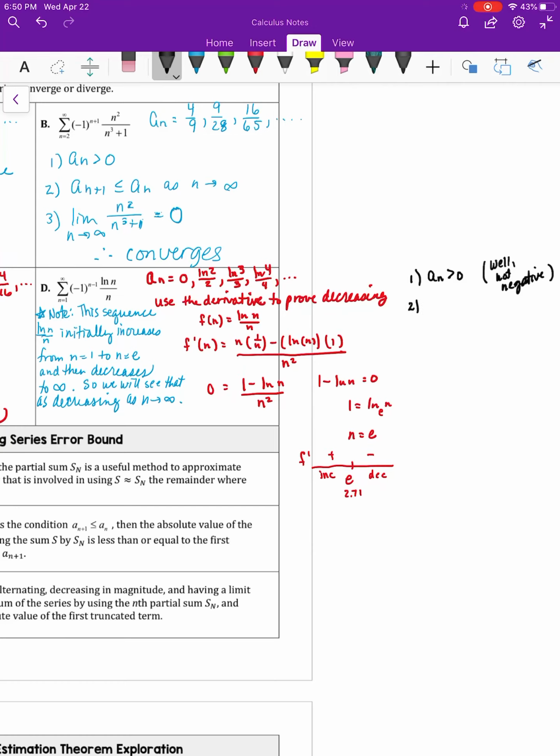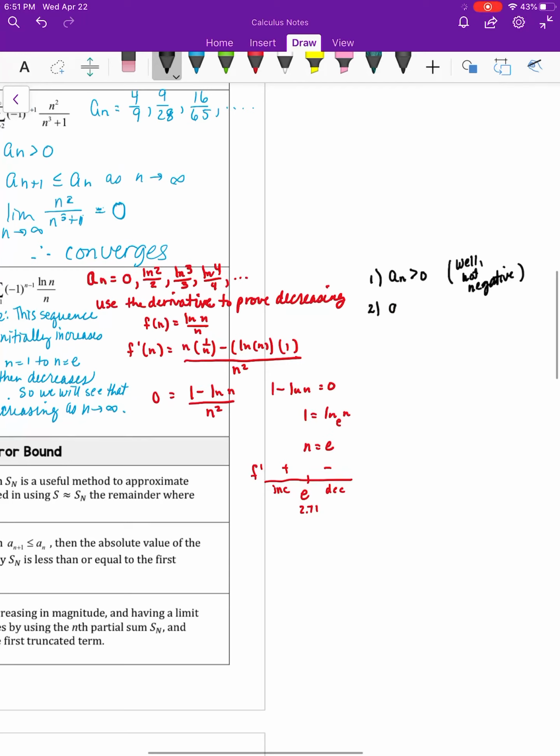So number 1, a sub n is greater than 0. And for that one, you might want to say, well, it's not negative, because 0 is neither negative nor positive, right?